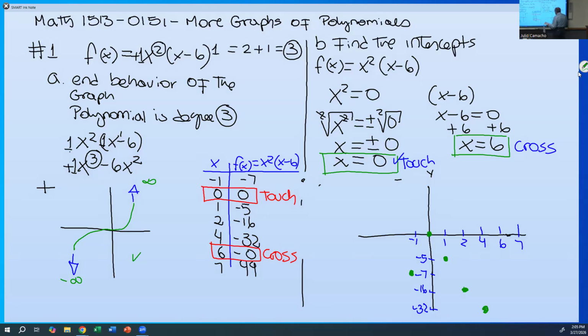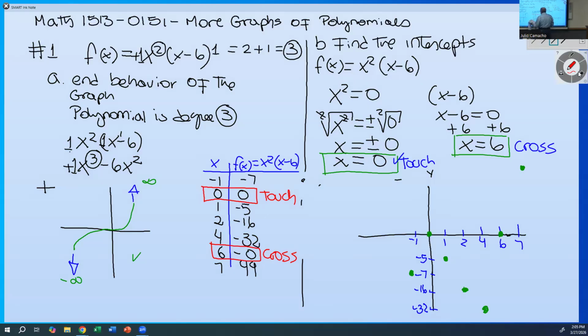And then the next one is 6, 0. And the last one will be 7, 49. I will put this right here. So you can see, and I'll use the red to follow these lines. So it's the graph according to this table of values.